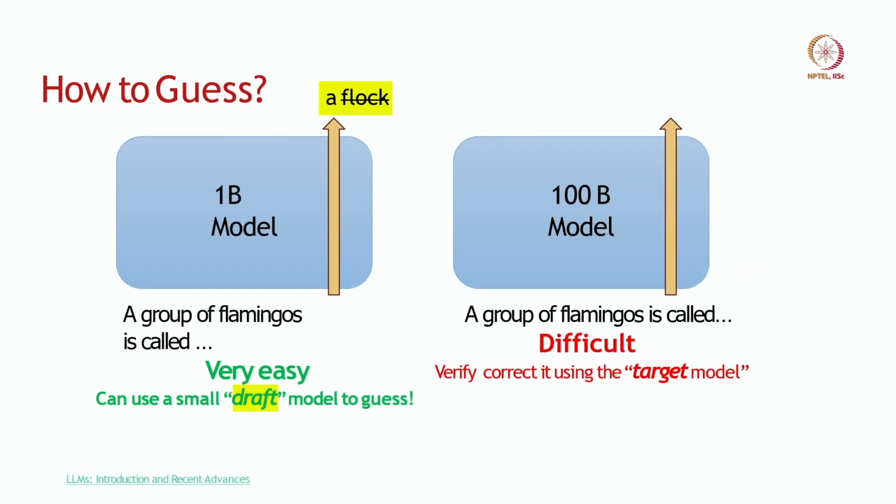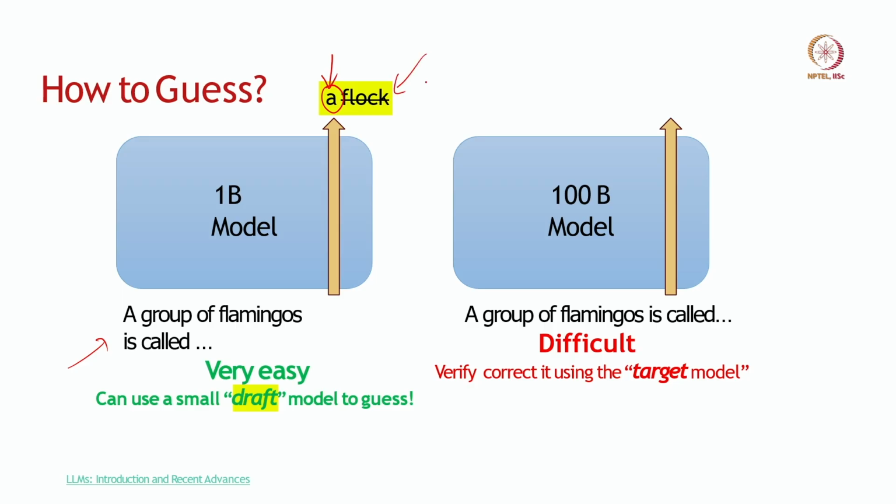Now, another example: let us say I tell you "a group of flamingos is called," and the next word or token is "a," which is very easy, right. We can use a draft model to guess the token "a," because again it is English, you do not need to actually know what a group of flamingos is called. Now, let us say the draft says "flock."